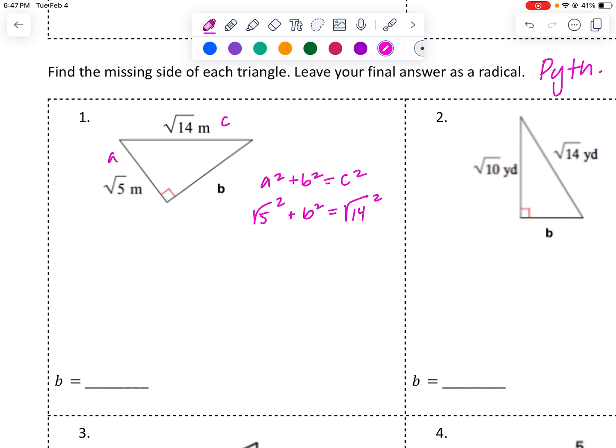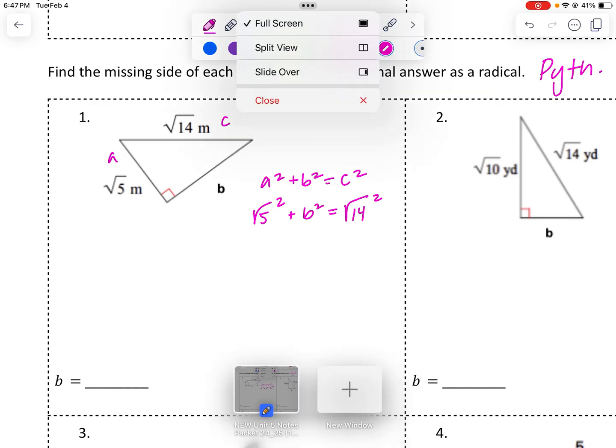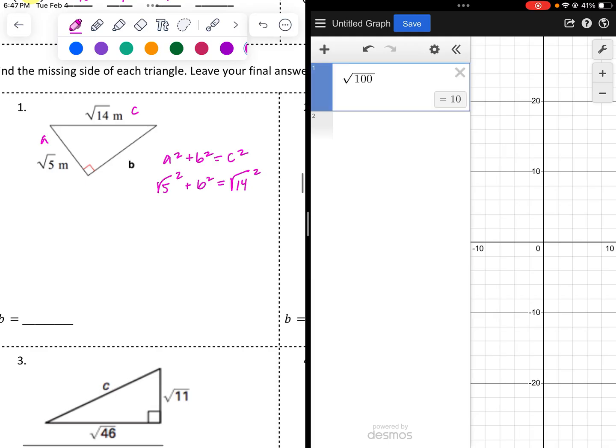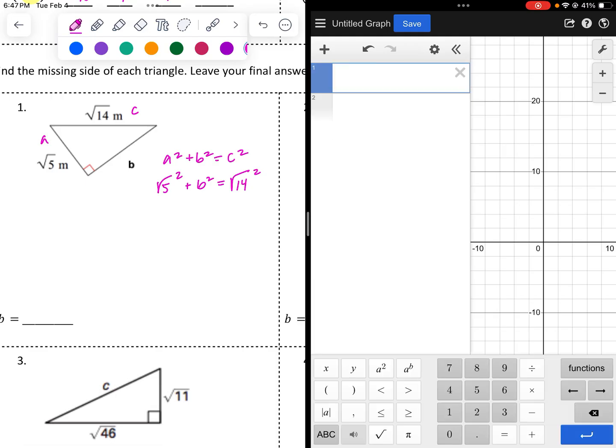If I pull up my calculator and take the square root of 5 and square it, it gives me 5. So this becomes 5 plus b squared is equal to, same exact thing, if I plug in 14, it gives me 14. And I keep on solving.